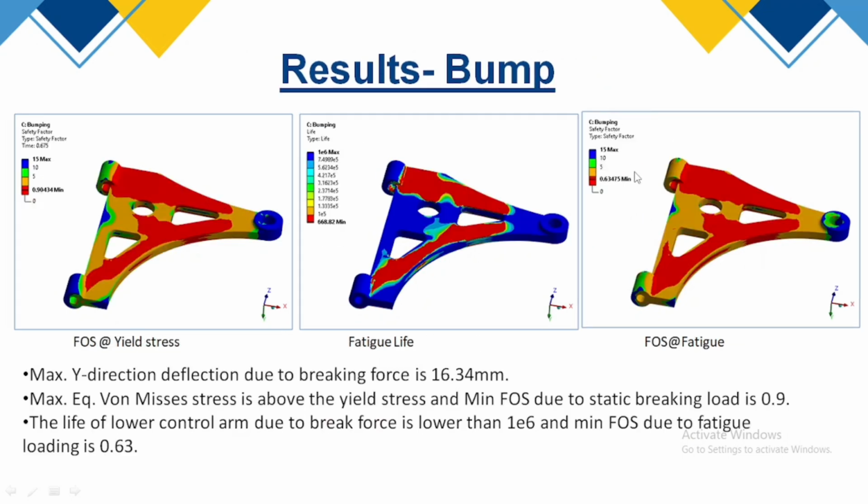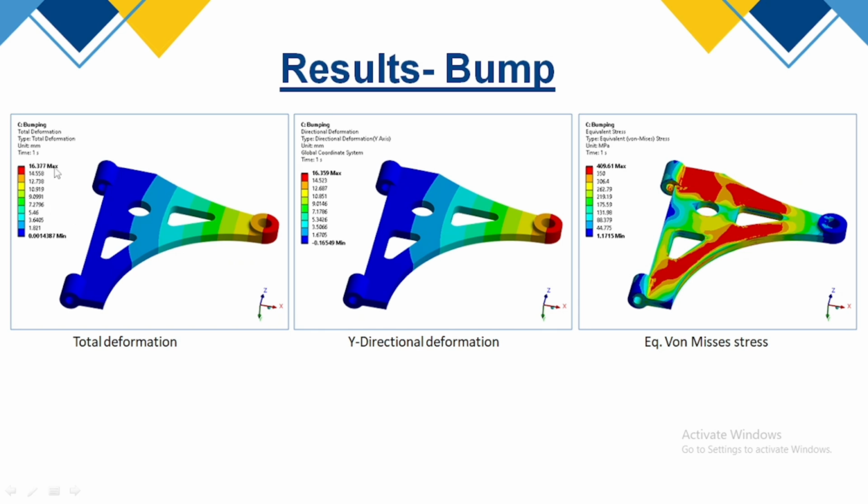And in case of bump, we can see that the deformation is 16.3 millimeters, which is very high. Also you can see that due to the bump load only we have crossed the yield stress. In these red regions, we can see the stress is higher and has crossed the yield stress.